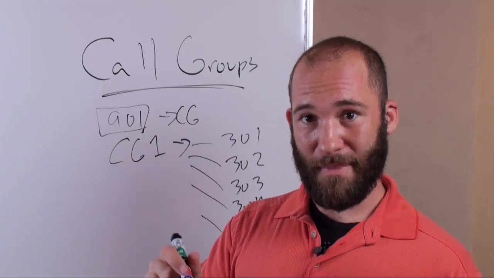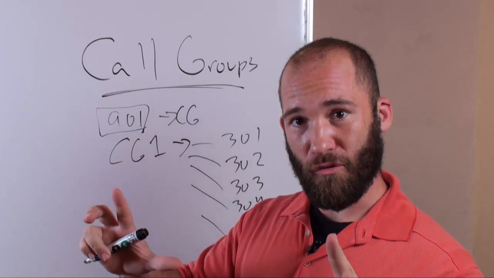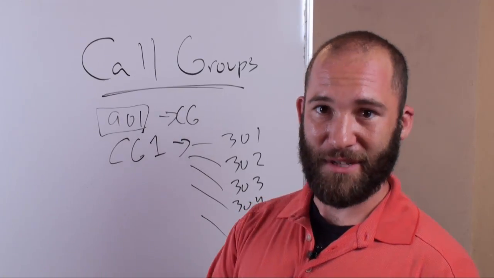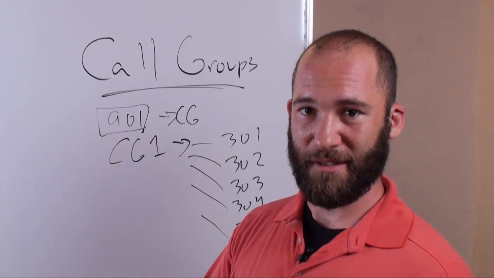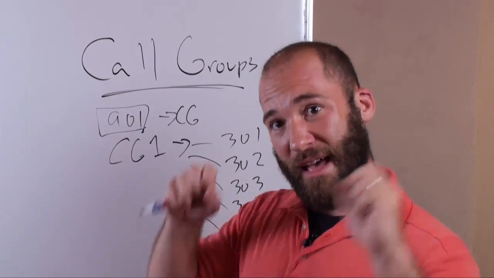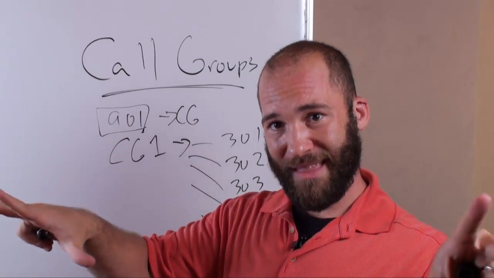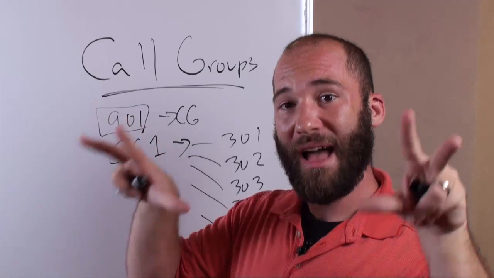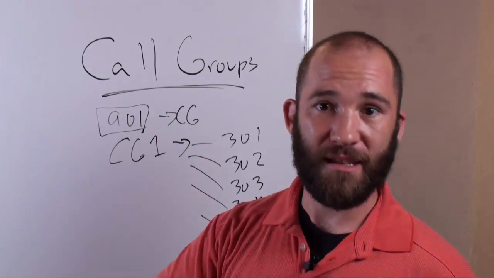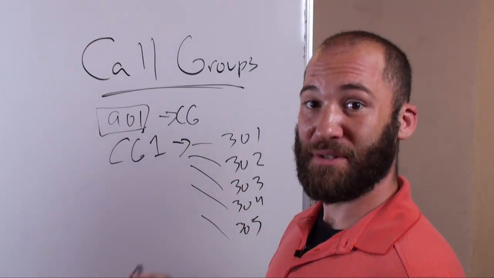A call comes into the main number, goes to that call group, and then you have the lieutenant and the first sergeant and the chief and the medical and I don't know, whatever. The call that comes in, automatically every single phone in that call group gets rung at the same time. Whoever picks up gets the call. So this is very good.